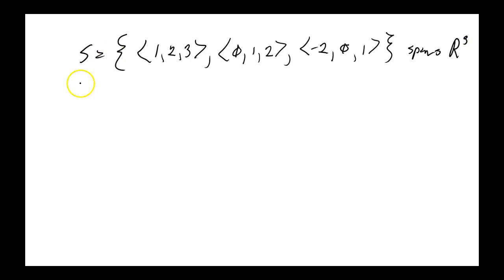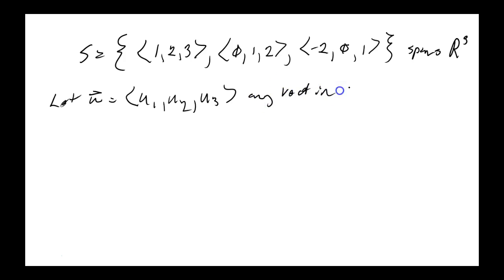We start off similar to what we did before. Let U be some vector in R3, expressed as U1, U2, U3. It's any vector in R3, not any particular one.